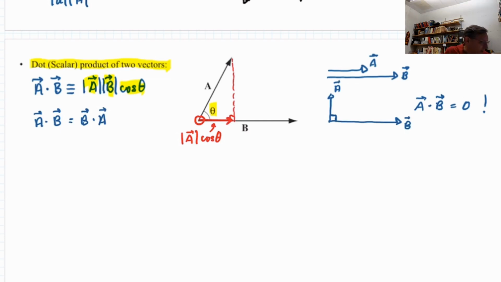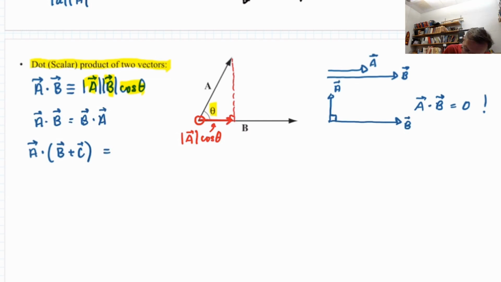Here's a helpful one. The scalar product is said to be distributive. So if I have this configuration, A dot into the quantity B plus C, certainly an operation that might occur, you can distribute the dot through the parentheses.